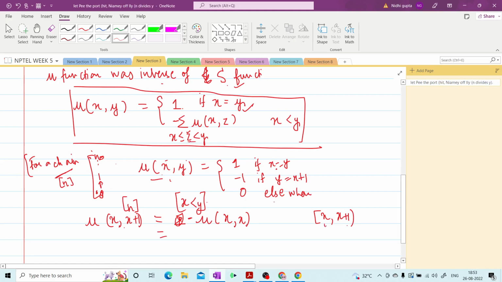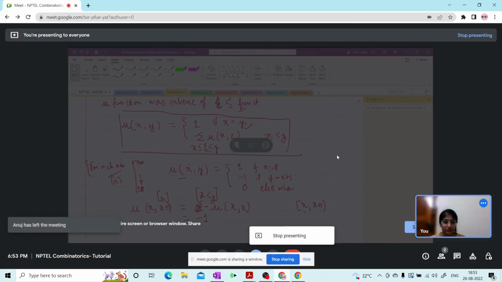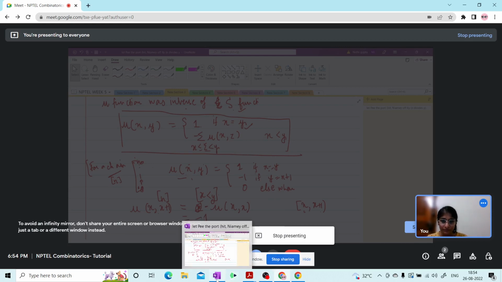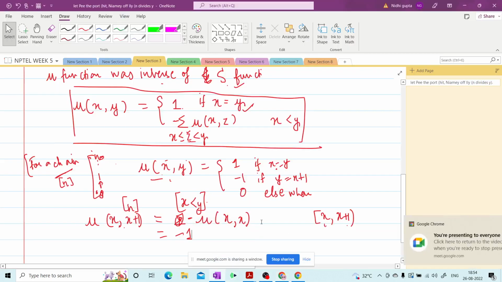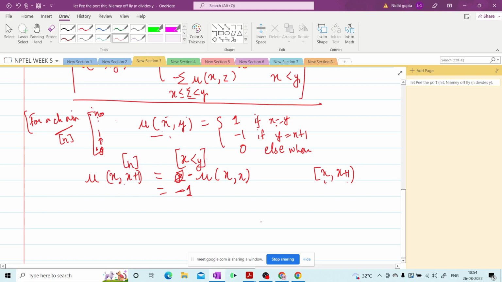So we see that mu x plus 1 is minus 1. Is this fine? So I think you lost the connection. So mu of x plus 1 is minus 1.